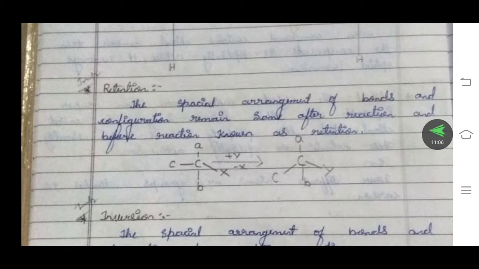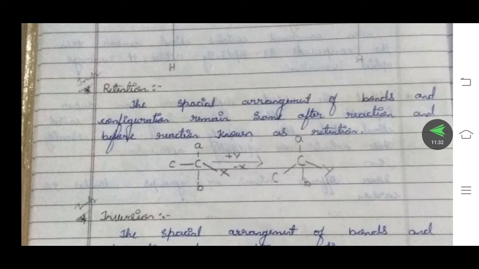See example, AXBC is there in that compound, and you are adding Y and removing X. One group you are adding, which we take as Y, and we are removing one atom or group from the reactant, that is minus X. Where you are removing X, at the same position you are adding Y, on the right side. The spatial arrangement of bonds remains the same.